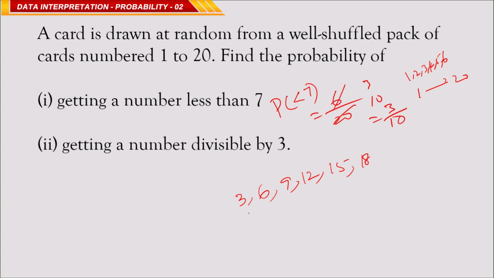So what is the favorable outcomes? 1, 2, 3, 4, 5, 6. So favorable outcomes is 6 and total outcomes is 20, correct. So getting a number which is divisible by 3 is 6 by 20, or simply 2 3s are 6, 2 10s are 20, so 3 by 10 is the answer. Clear? In this manner you can calculate it. This is a very important, very simple concept.